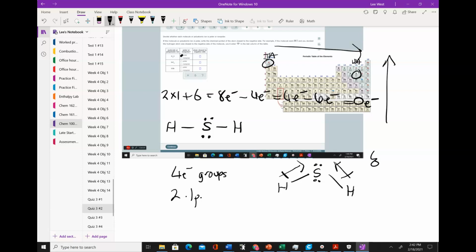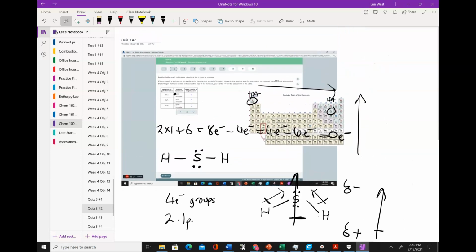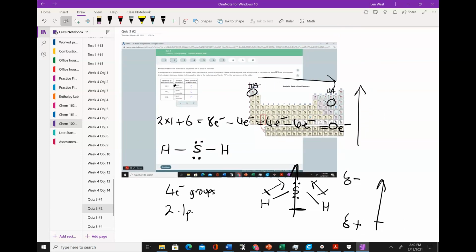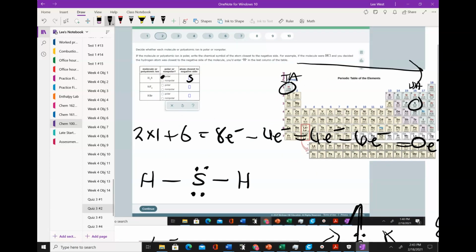That means the sulfur end is a little bit negative and the hydrogen end is a little bit positive. So overall, electrons are getting pulled up in this molecule. The atom that is closest to the negative side of the molecule is going to have to be the sulfur. Okay, so there we go.